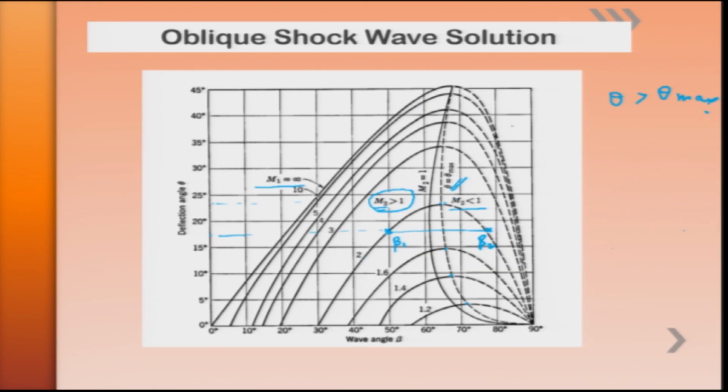It signifies that for a given deflection angle more than theta maximum, the shock cannot remain attached to the surface, and this is the case of a detached shock wave, which we generally encounter in the case of a blunt body, where the deflection angle is more than theta maximum.